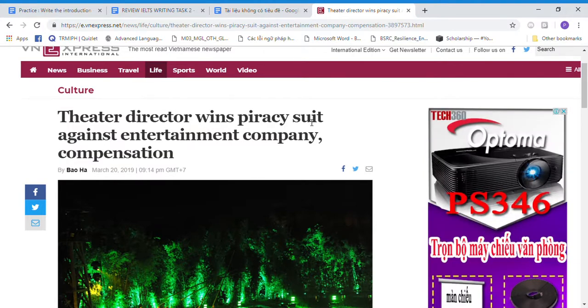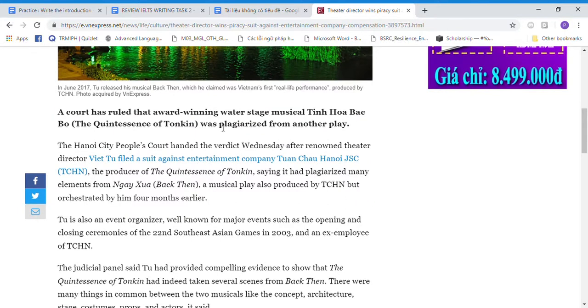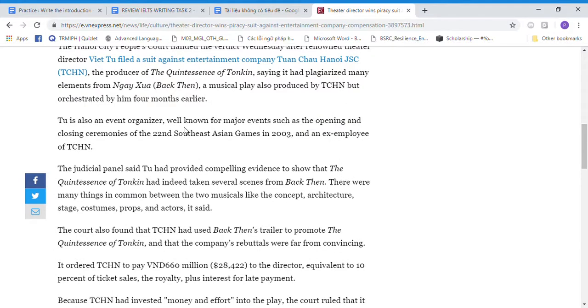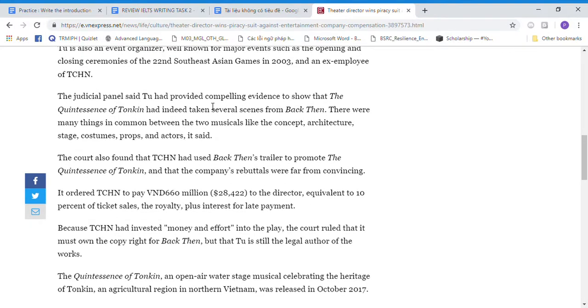You may not even know what the word suit is or piracy is. So make sure you spend time reading newspapers, especially newspapers in English, not in Vietnamese. There will be so many collocations and sentence structures in an article.